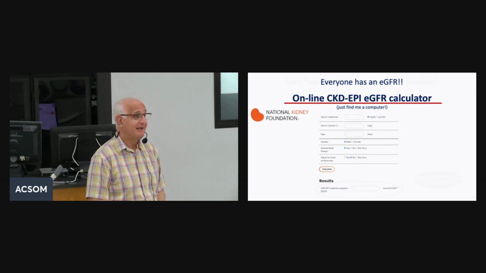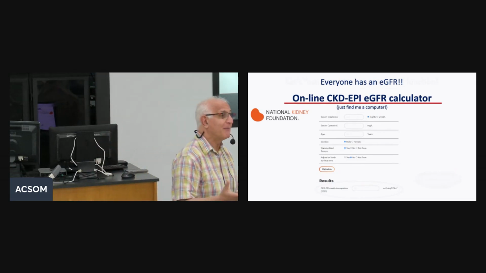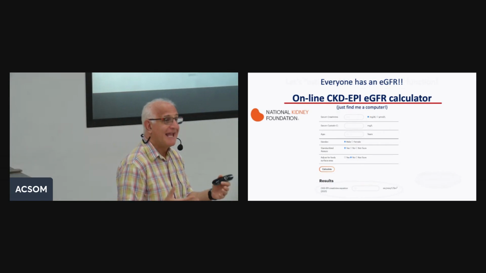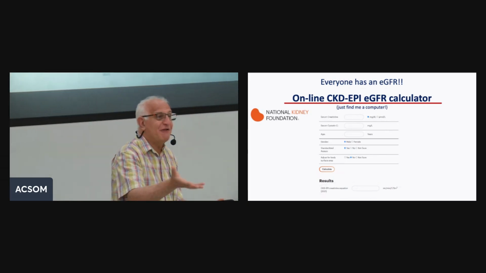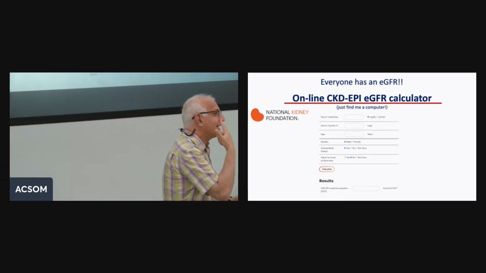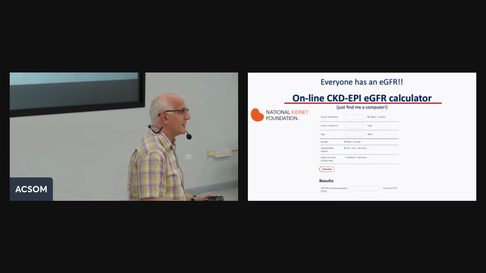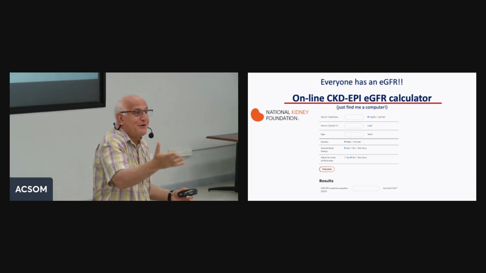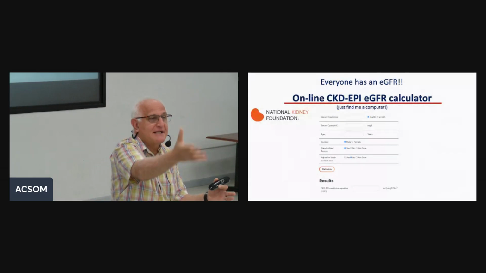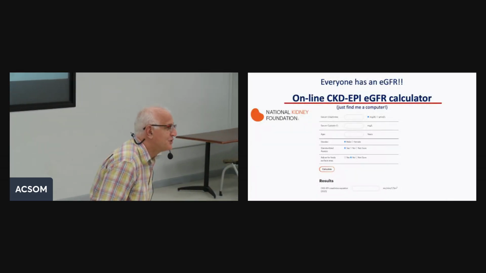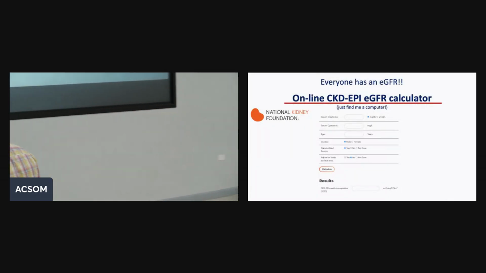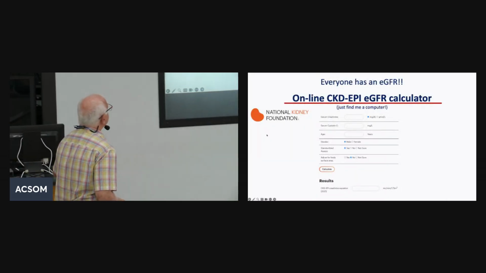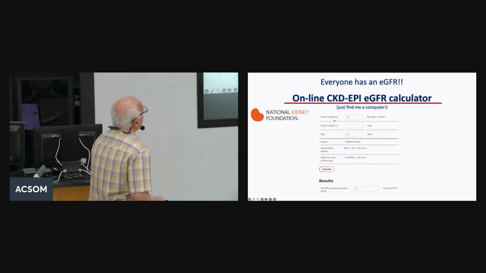If you think about it, today you learn something about yourself. Each one of you has a GFR. You know about the color of your hair, color of your eye, your height, your weight. But you didn't know that you have a GFR. Every single one of you has a GFR. Just to give it a fun try, let's put classic.